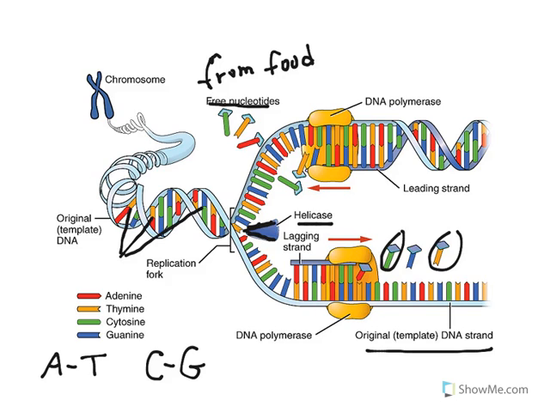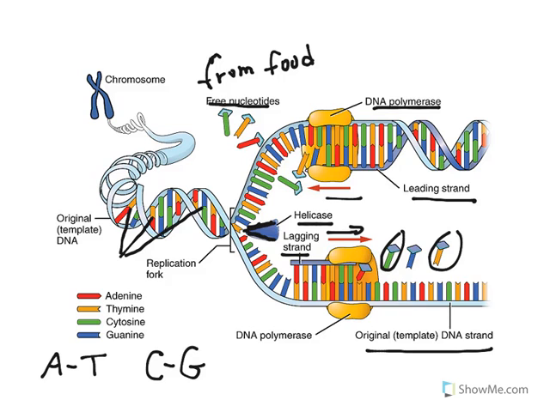So following the sequence of bases in the original template, these free nucleotides are going to come in and bond with the aid of another enzyme, DNA polymerase. So you will have one strand going in one direction, the leading strand, and the lagging strand going in the other direction in order to complete this bonding of complementary bases.